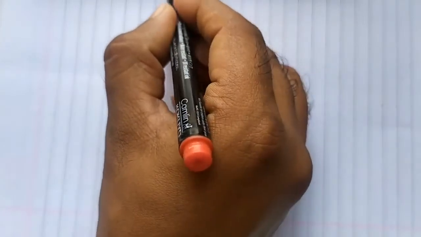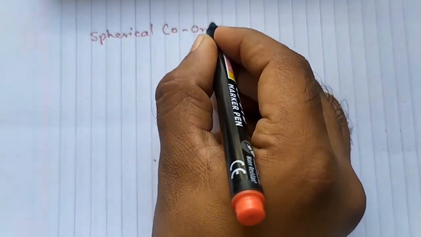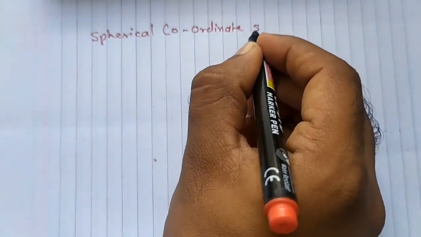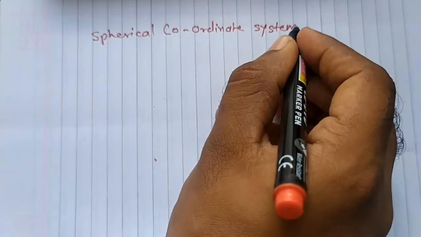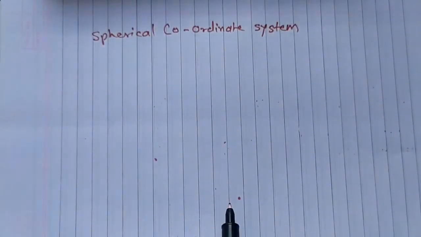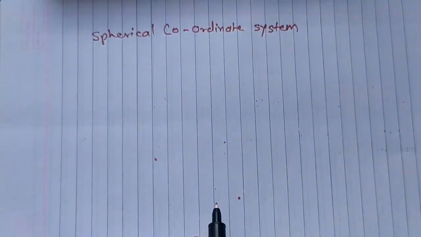So, spherical coordinate system, as the name suggests, is used in problems where there is a spherical symmetry.